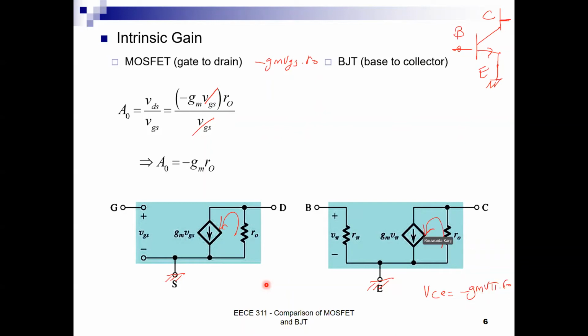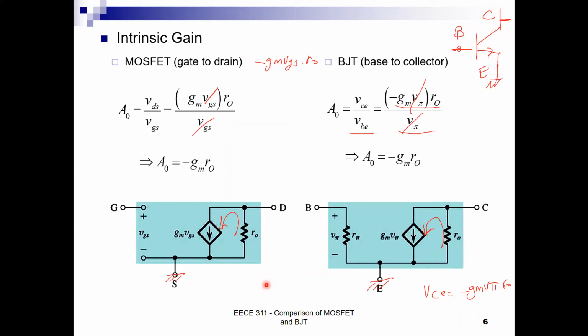Looking at the current, it's flowing this way in the resistor upwards. So the gain VCE over VBE is really minus GM V pi RO over V pi. These are going to cancel, and we will get AO equal minus GM RO. Great. So the intrinsic gain is the same.